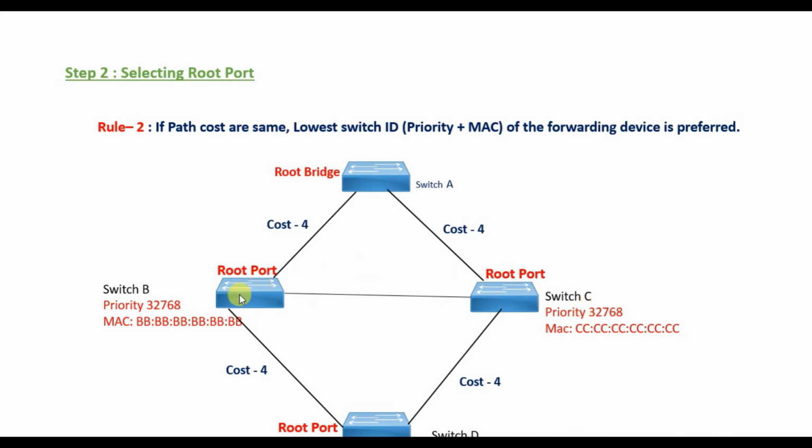Comparing C and B, B is the least one. So this is the device which has the least switch ID, right? The port connecting to this device is selected as the root port, so I have elected this as the root port.